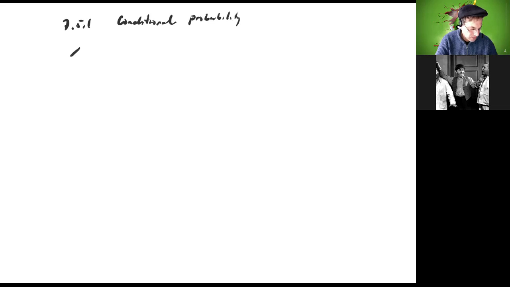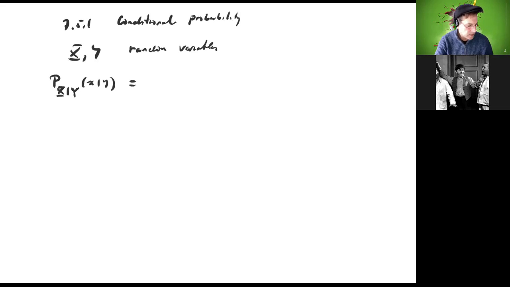If we have random variables x and y, we can define a conditional probability mass function. This was the notation, and this is the same as the probability that x equals x, given that y equals y.